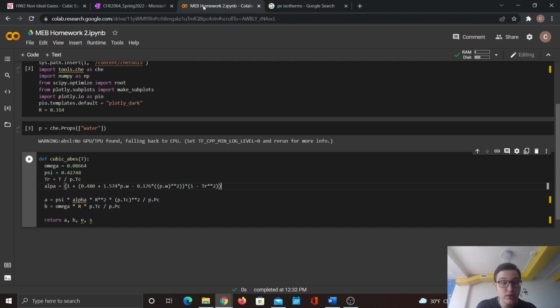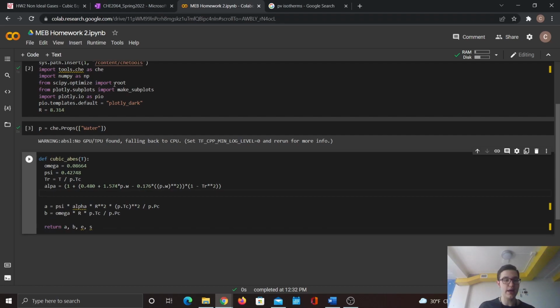Just to make sure the parentheses are correct, I'm going to do a quick count. 1, 2, 3, 4, 3, 2, 1, 2, 1, 0. Okay, so all of our parentheses are closed. We're good there. So alpha should be finished being written.